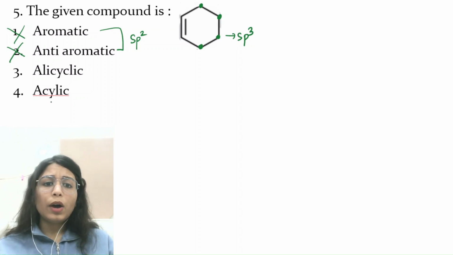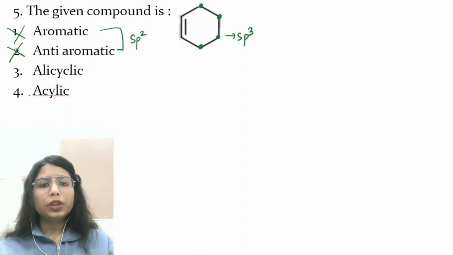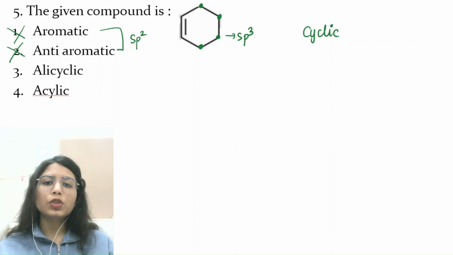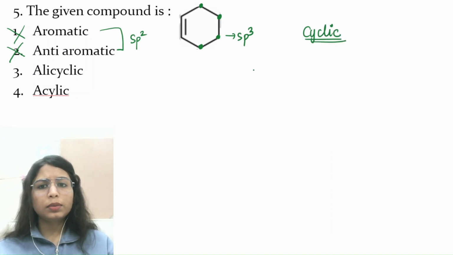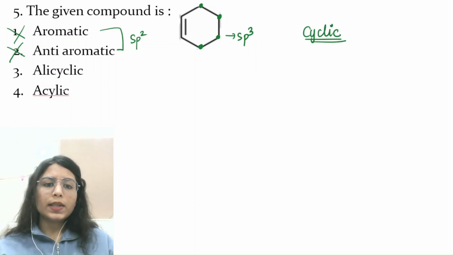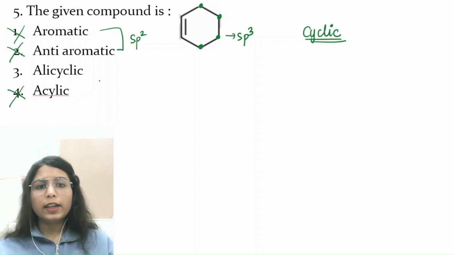Now if I talk about the third and fourth options, the fourth option also gets directly eliminated, because this is a cyclic compound. Cyclic compounds are those which are round, which have a specific closing shape, right? So this fourth option also gets eliminated.